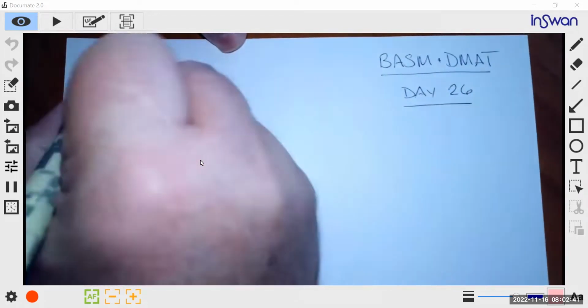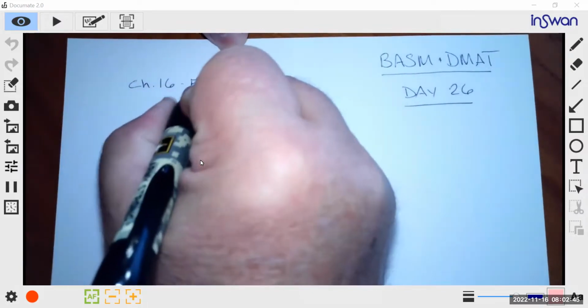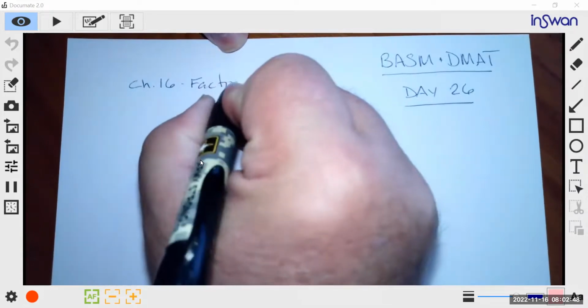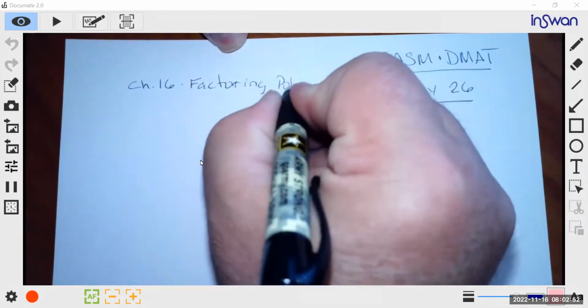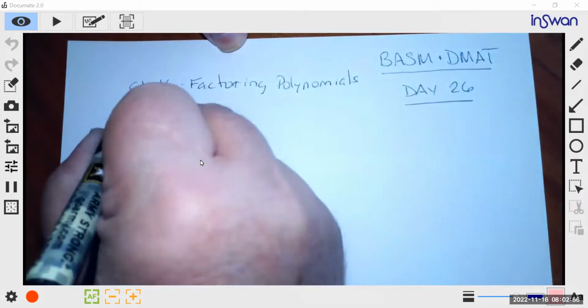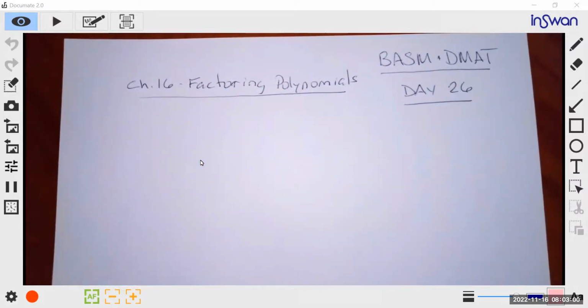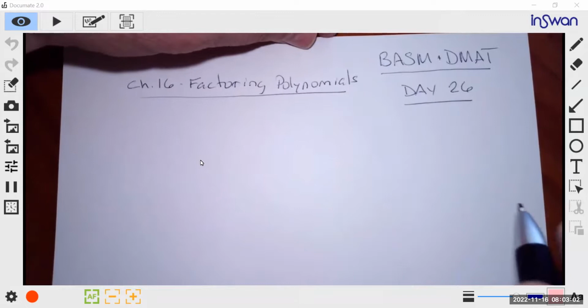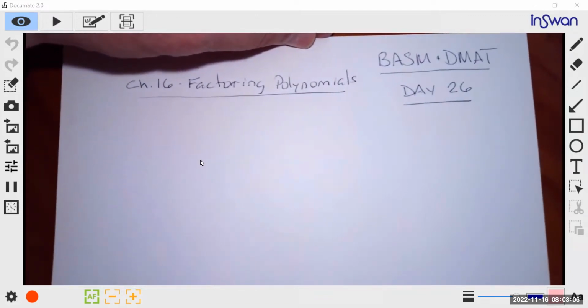We ended up last time talking about chapter 16, factoring polynomials. We did it by greatest common factors first.